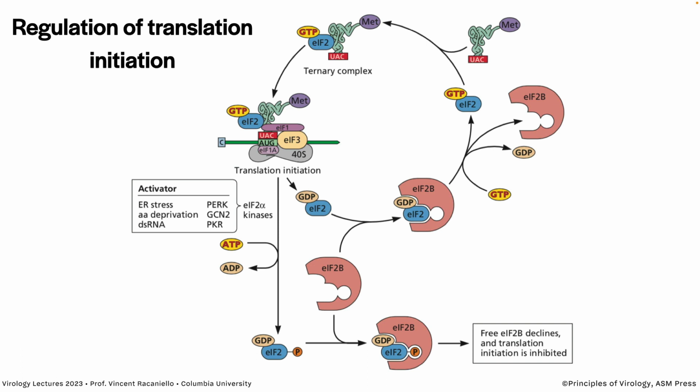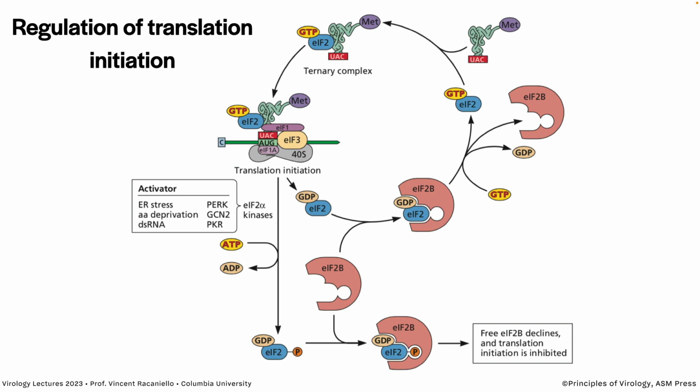Endoplasmic reticulum stress, when viruses start to make a lot of glycoproteins in the ER, is a stress condition that cells can sense, and that kinase is called PERK. When cells are full of double-stranded RNA, which happens when viruses replicate, it activates an EIF2 alpha kinase called PKR. I'll tell you how it activates them in a moment.